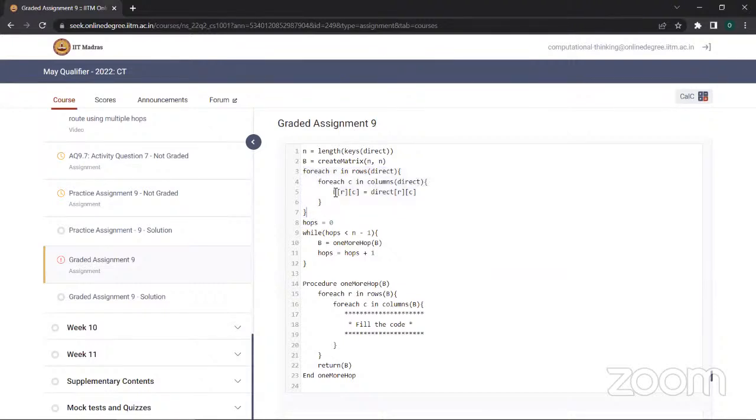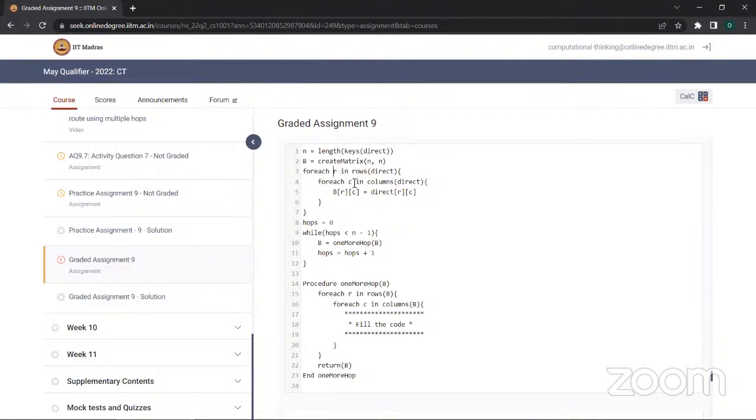We'll give the number of stations which have direct connectivity. Length is always a number, right? So what is happening? We are picking every pair of stations. R runs from 0 to n minus 1, and C also runs from 0 to n minus 1. One runs over rows and the other over columns.